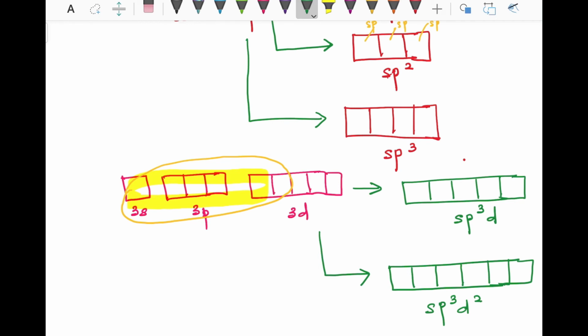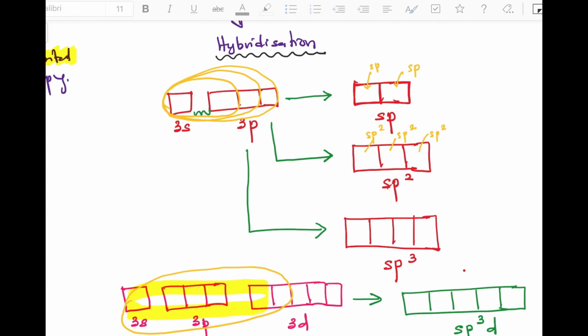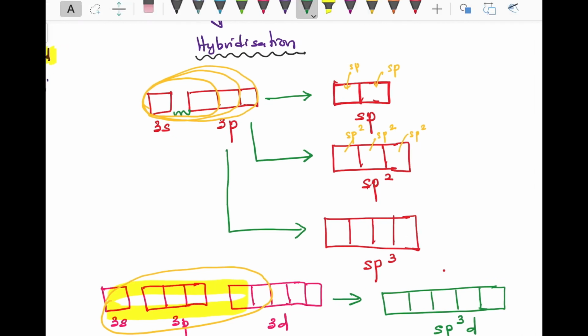The remark that you're supposed to remember and understand is: if it is an sp orbital, the shape is linear. If it is sp2, it is trigonal planar.